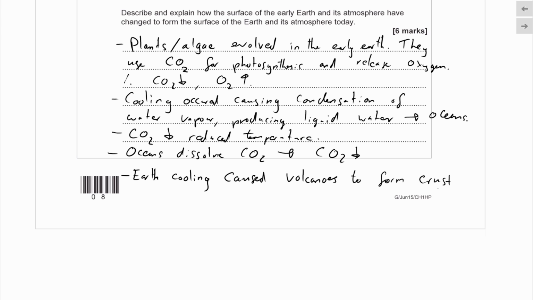So the molten magma, as it cools, actually forms crust, which is obviously the land, leading to continents being formed.